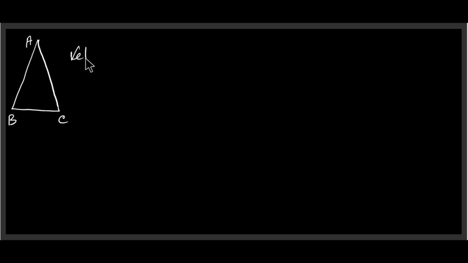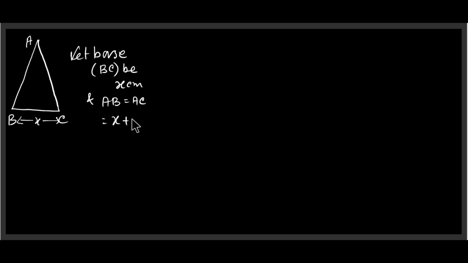So let base BC be x centimeter, and clearly AB equal to AC equal to x plus 17 centimeter. So this side and this side are equal, and it is x plus 17, and it is x plus 17.